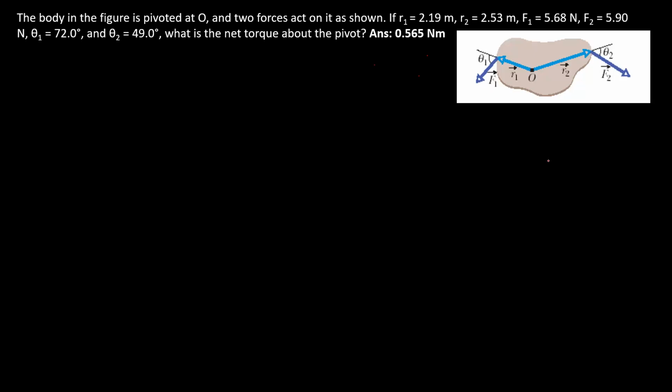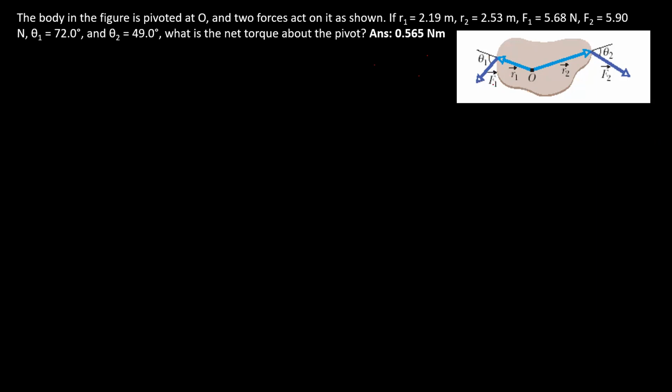The answer is 0.565 Newton meter. So the net torque is just the sum of all torques. Force 1 is causing the rigid object to rotate counterclockwise, and force 2 is causing the object to rotate clockwise.